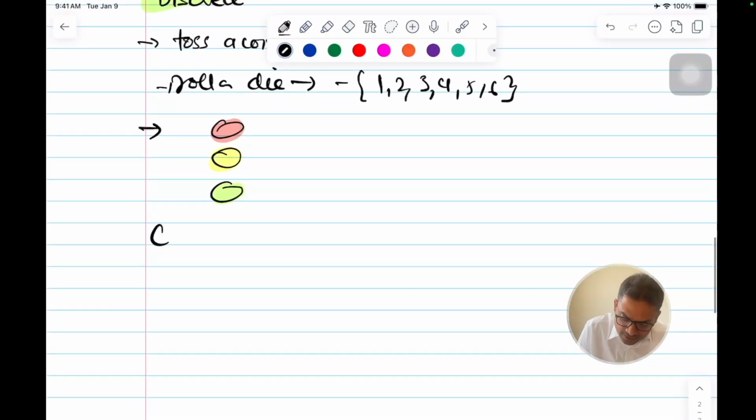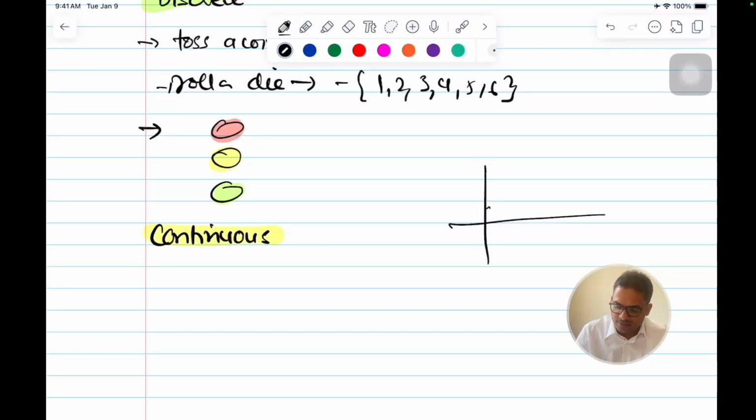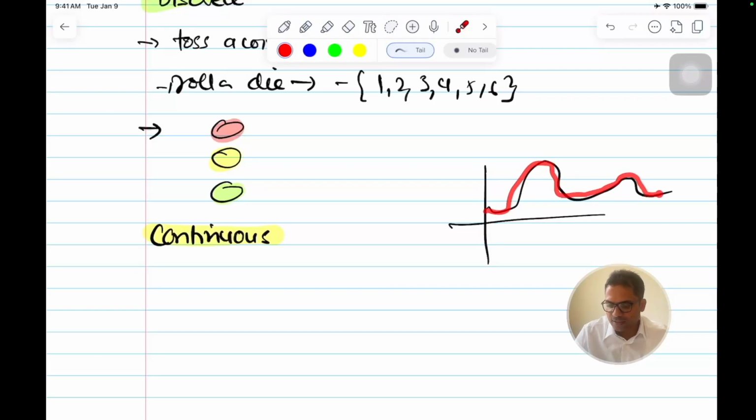The next thing is continuous. Continuous is anything like a graph. So this is a continuous graph. If you see, there is continuity. There can be infinitely many points between any two points you take.